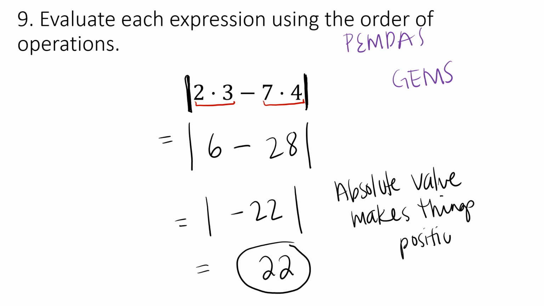If it is already positive, it's not going to do anything to it. So for example, if you have the absolute value of 5, that's just 5. The absolute value is defined as the distance that a number is from 0, so it's always positive. Distance is always positive.